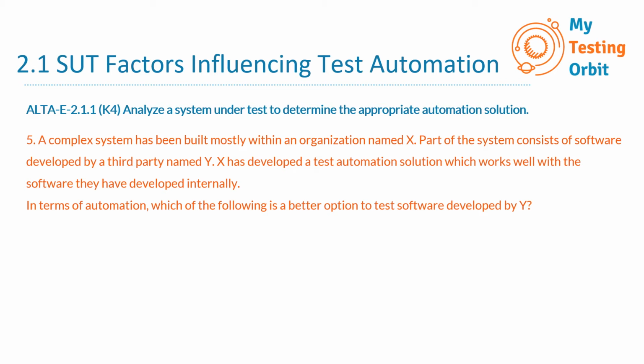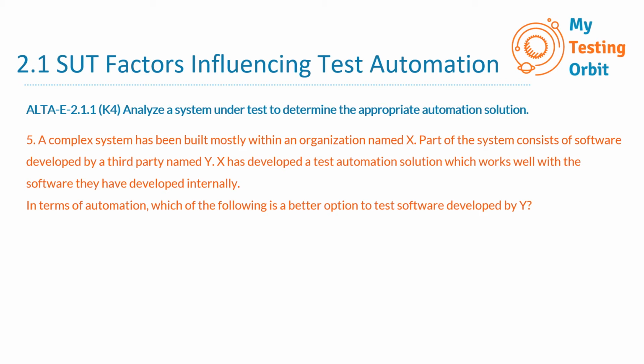A complex system has been built mostly within an organization named X. Part of the system consists of software developed by a third party named Y. Now, X has developed a test automation solution which works well with the software they have developed internally. In terms of automation, which of the following is a better option to test software developed by Y?